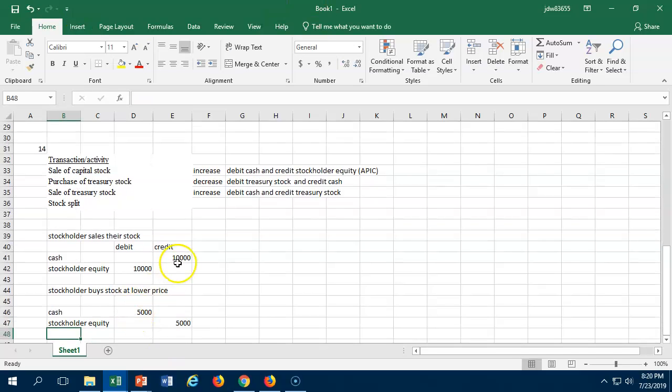The net result of cash is a net credit of 5,000. So you're down $5,000 of cash and down 5,000 of equity after those two events happened. That was what you were asking earlier, right? Okay.